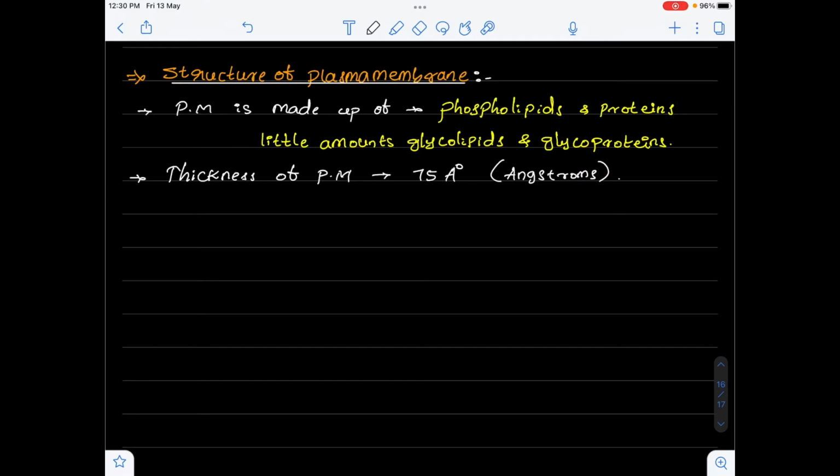And here the structure of plasma membrane was explained by the different scientists. The widely accepted model of plasma membrane is fluid mosaic model of plasma membrane, and this model was proposed by the two scientists Singer and Nicholson.